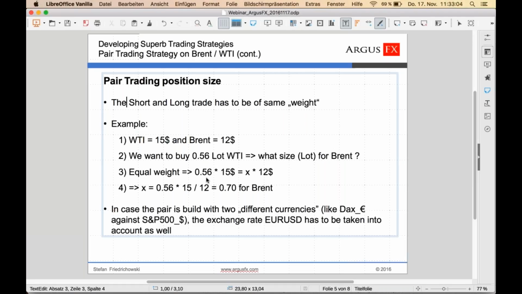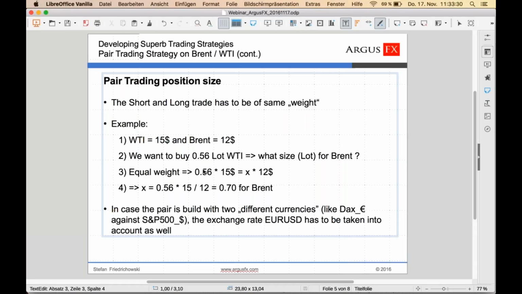So we know we want to trade the WTI trade with 0.56 lots. And now we multiply that with the current price of WTI. And now this should be equal to whatever lot size X we want to trade for the Brent trade times the price of Brent, which is $12.